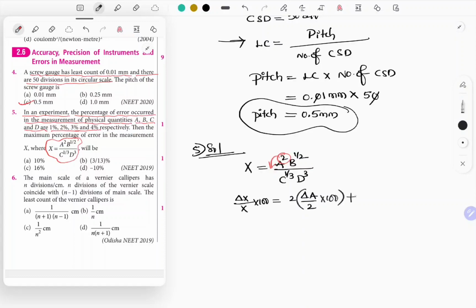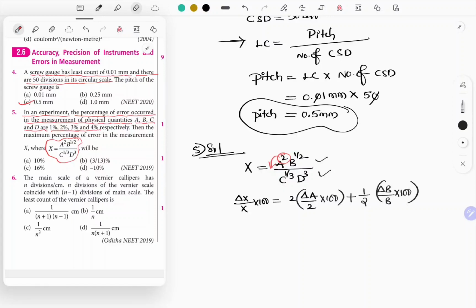Percentage errors. These are in multiplication and division. Whenever quantities are in multiplication or in division, you have to find out percentage error, and those percentage errors are directly added. That is what I am going to do for B, percentage error in measurement of B. So that is 1 by 2 into delta B by B into 100.